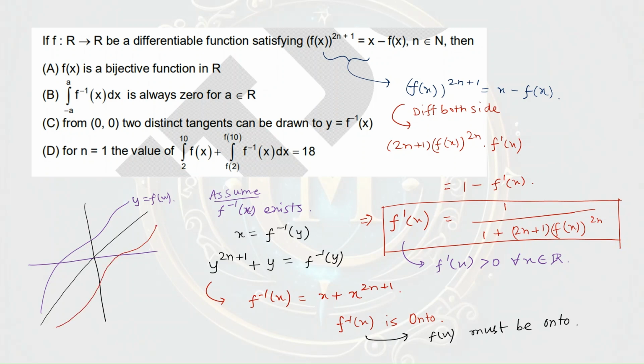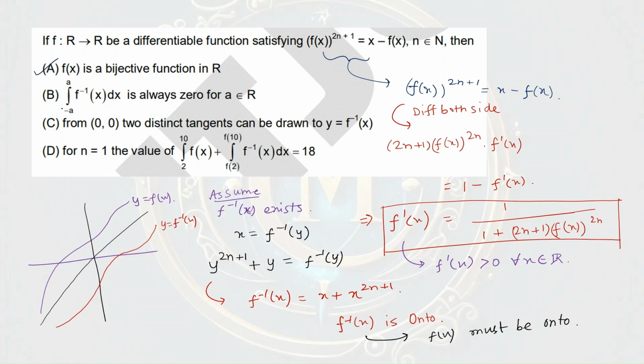If y equal to f inverse x goes towards infinity on this side and negative infinity on this side, then f(x) should approach negative infinity and positive infinity also. That means if f(x) is onto, f inverse x is also onto. So the first statement, f(x) is a bijective function in R, is absolutely correct.